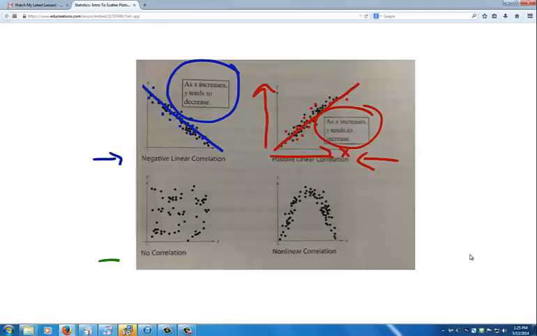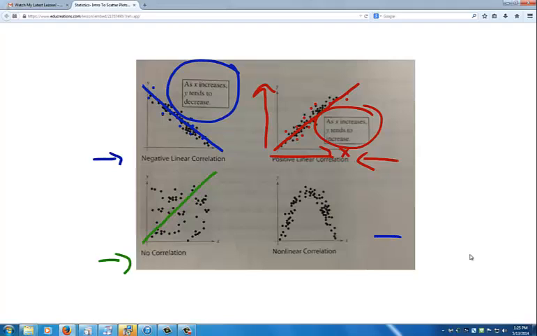If we look on the lower left, we have a scatter plot which has no correlation. You can see that those data points appear to be randomly dispersed about the graph. If I were to draw a regression line through the center of the graph, we can see that there doesn't appear to be any clear pattern that establishes itself.